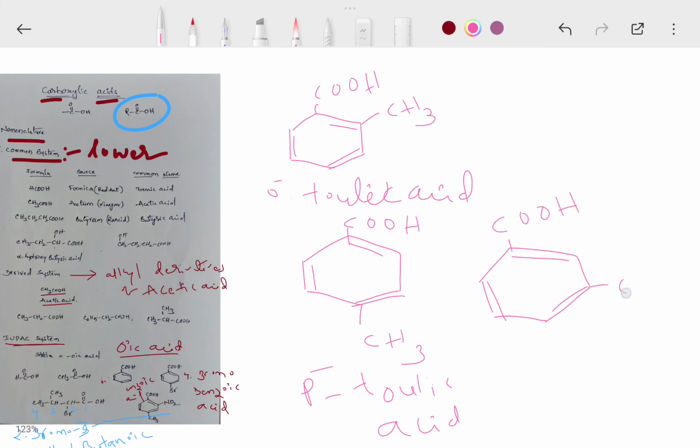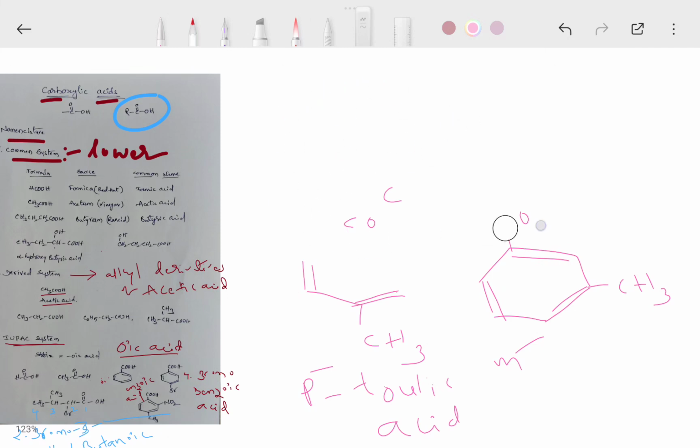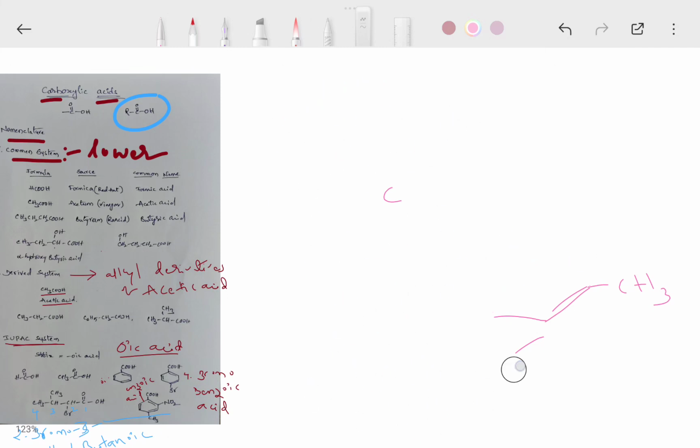And this CH3 group at the meta position you can call metatoluic acid. Also, you can write examples like cinnamic acid, salicylic acid, terephthalic acid.